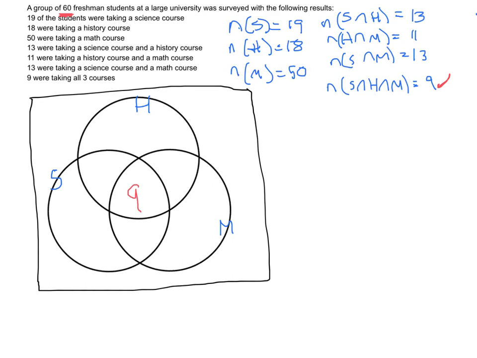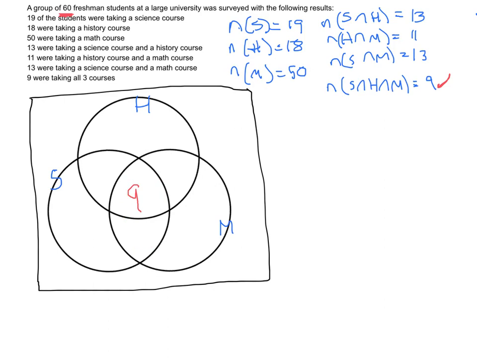Okay, so now we're going to go to the next region, and again, we want one of the smaller regions, so we have a choice. We can either look at this region here, or this region here. It doesn't really matter which one we choose. Let's just move our way up on the information. So we have S intersect M is 13. Now here's the thing again that you have to remember. S intersect M is this region here.